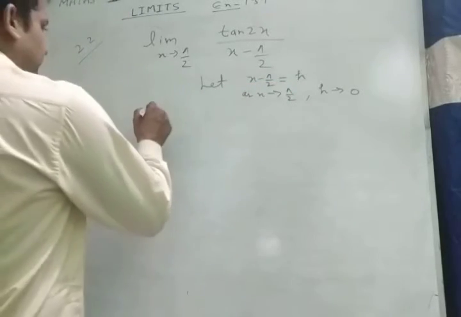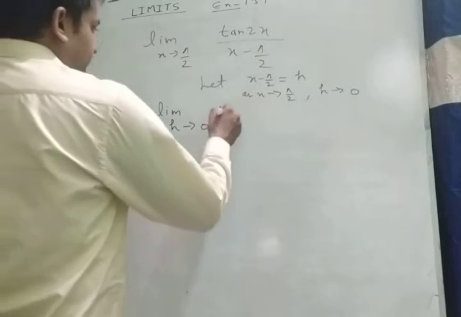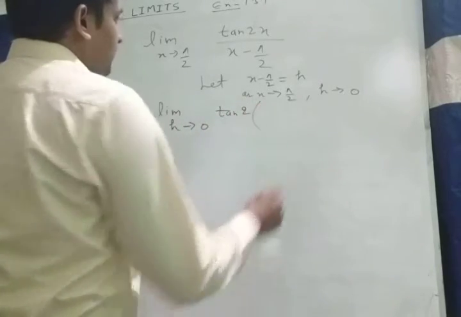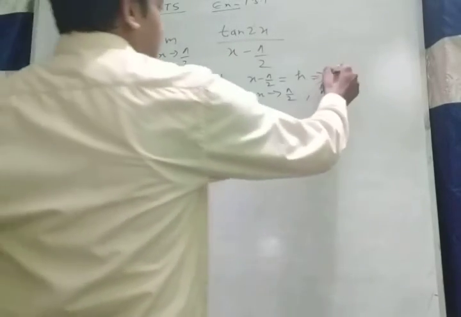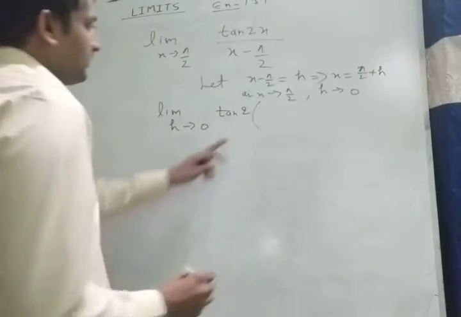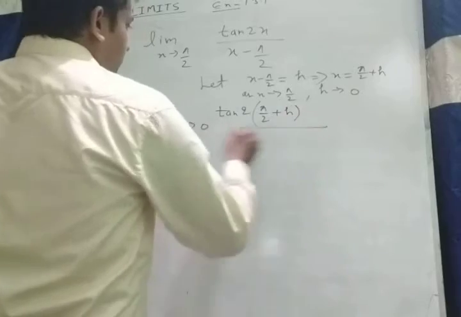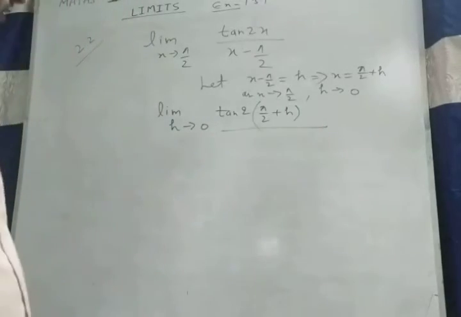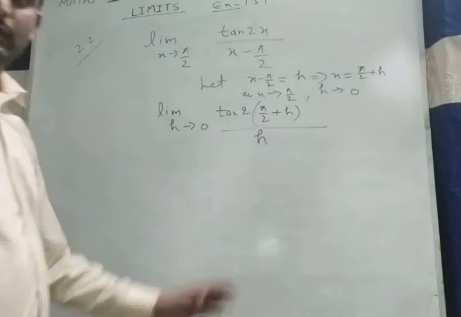Now replace limit h tends to 0, tan 2 under bracket. So we can write the value of x, pi by 2 plus h. Put pi by 2 plus h. Now this is h. So replace this with h.